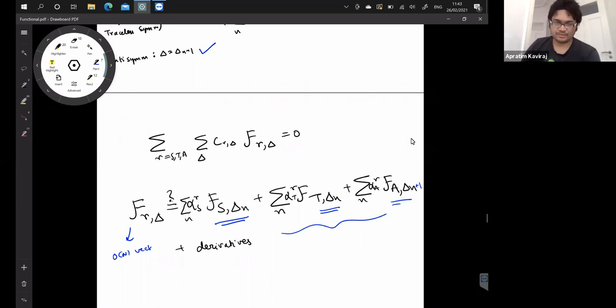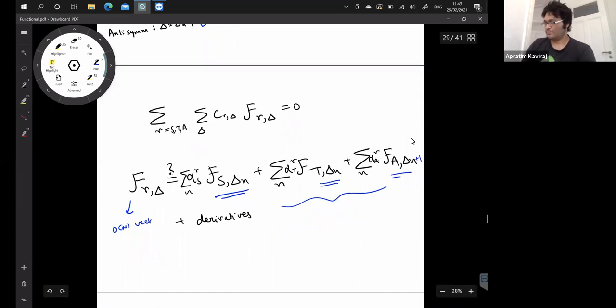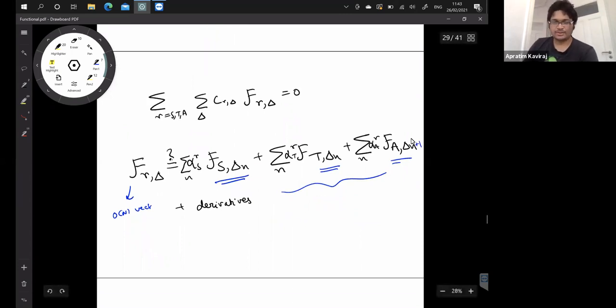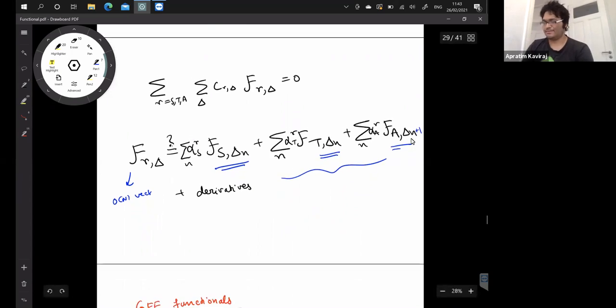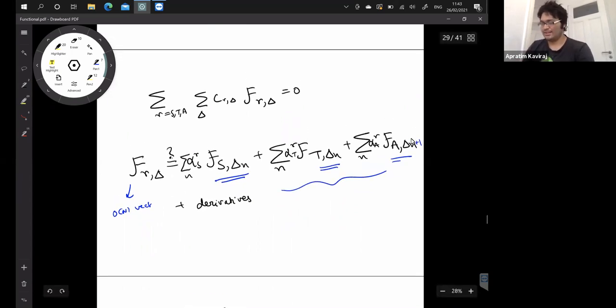So is this possible? Yes, this is indeed possible, and the proof is very similar to the O1 story, but let me just assume that this is true, and let me find out whether it is possible to derive these coefficients. I will try to construct some functionals which give me these coefficients.